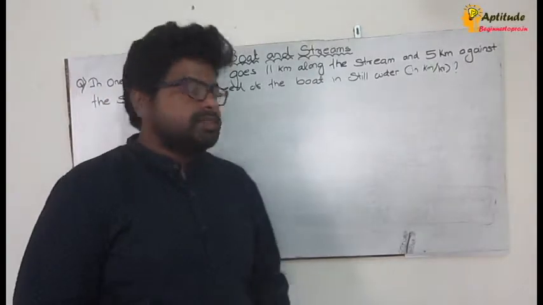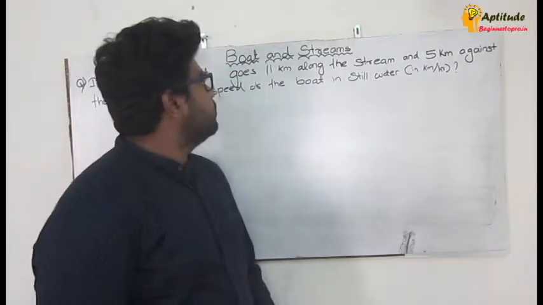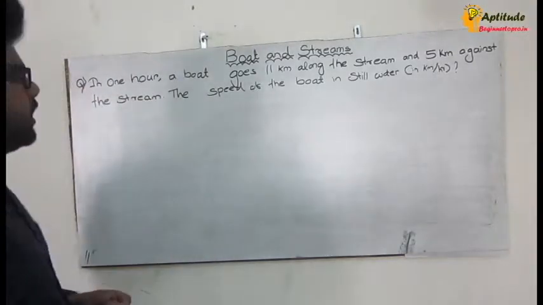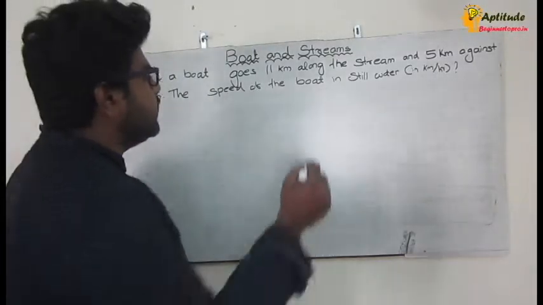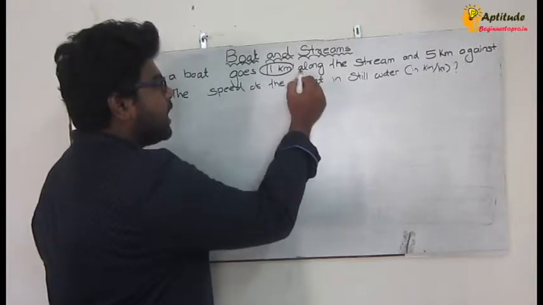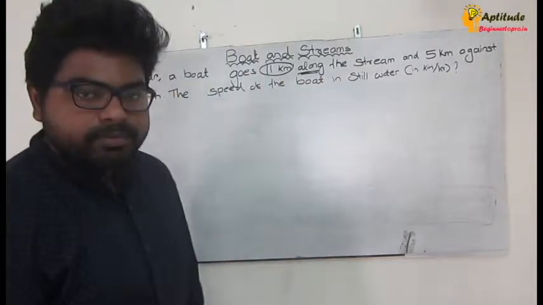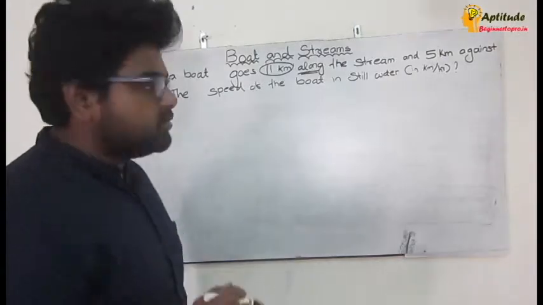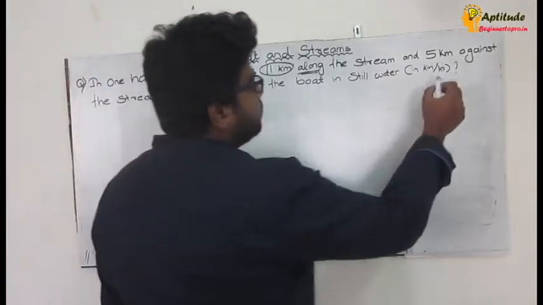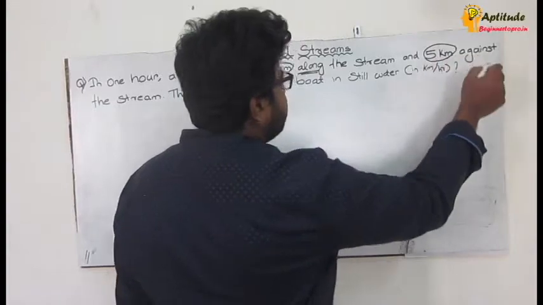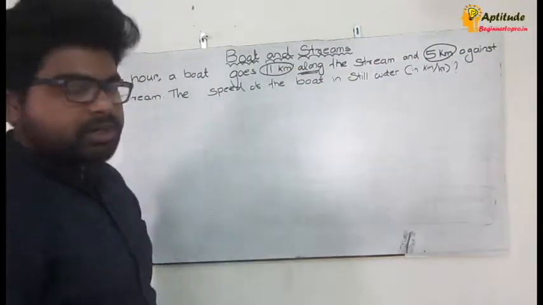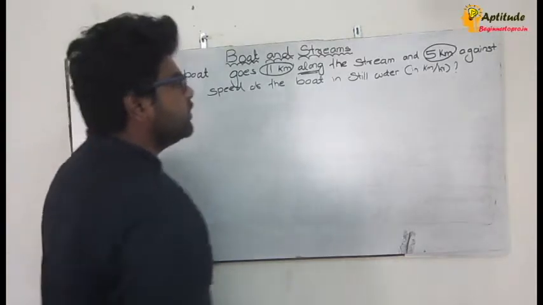So let's see some examples on boat and stream. The question says, in 1 hour the boat goes 11 kilometers along the stream. Along the stream means downstream, and 5 kilometers against the stream, that means 5 kilometers is the upstream. It asks about the speed of the boat in still water.